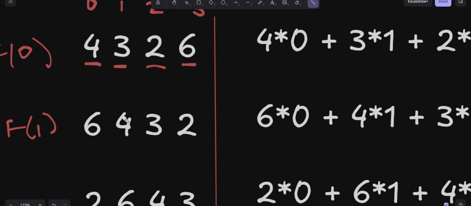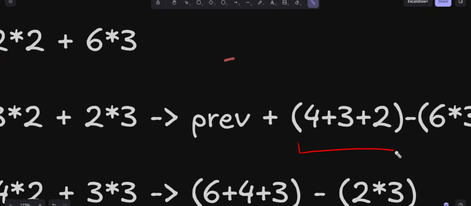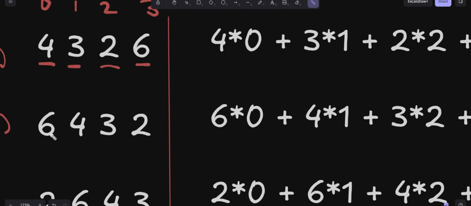So previous plus total sum minus the zeroth element, right? Which is this particular value. And 6 is contributing nothing here. It was contributing 3 times earlier, but now it's contributing nothing.